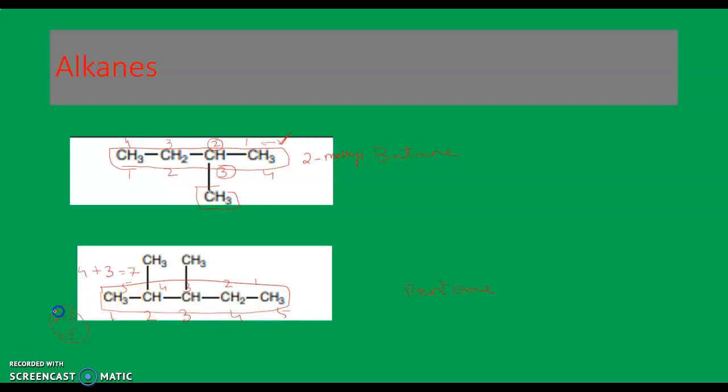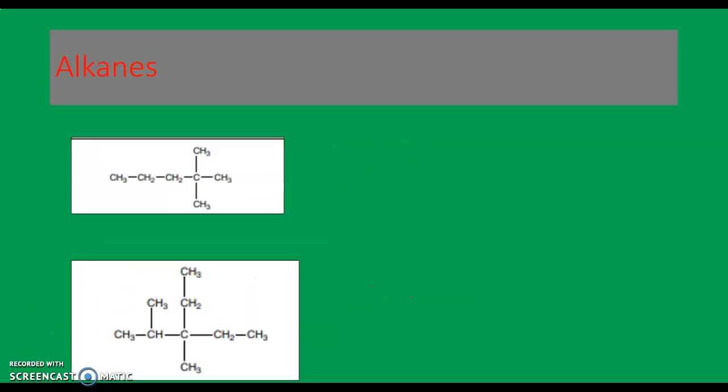So I'll pick this as my numbering. At position 2, I've got methyl. At position 3, I've got methyl as well. So I'll add them up, and I will write 2,3-dimethylpentane. That's how you name some of these compounds.